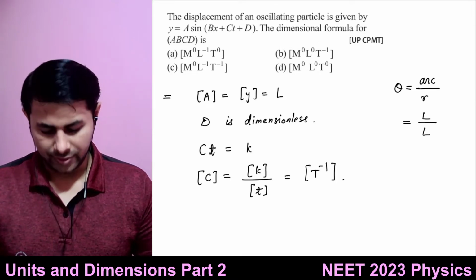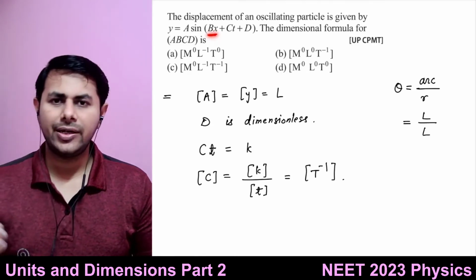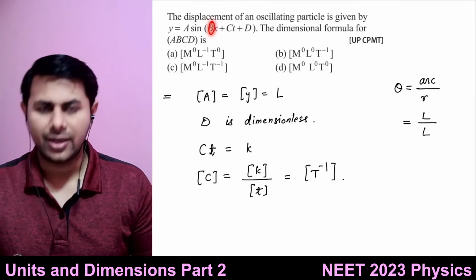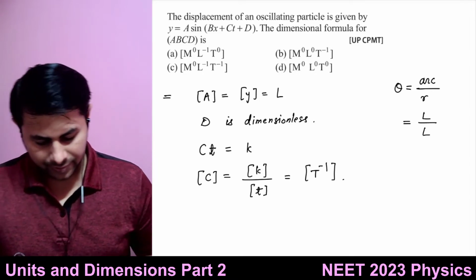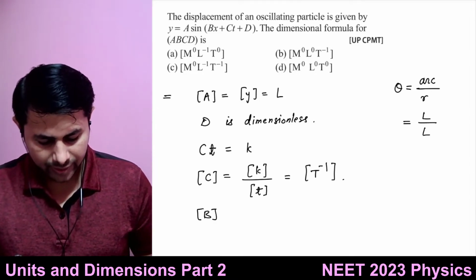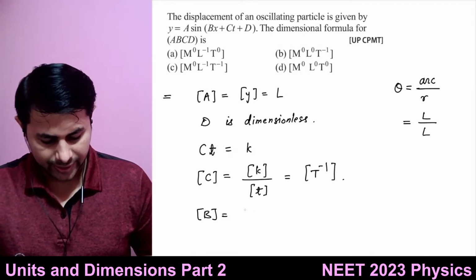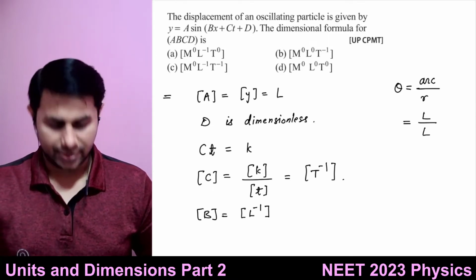Similarly, in the same fashion, b times x is also dimensionless, and therefore the dimensions of b are inverse to the dimensions of x. So the dimensions of b are 1 by L, or L raised to minus 1.